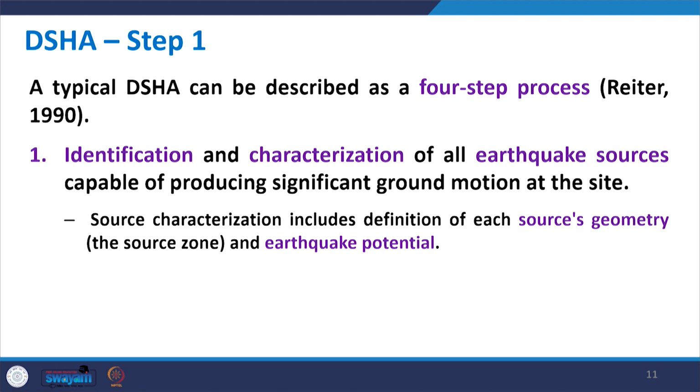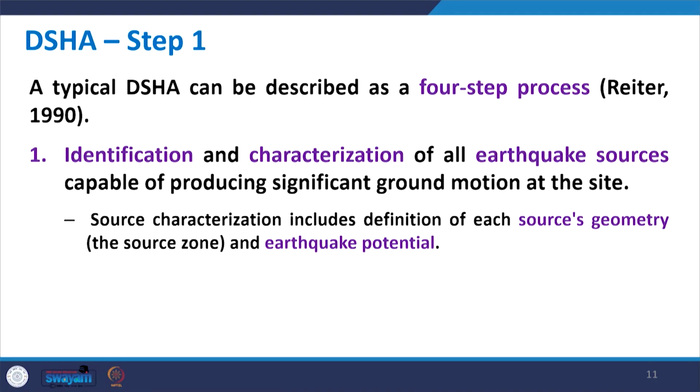So, first identify and characterize all earthquake sources capable of producing significant ground motion at the site of your interest. The site of your interest could be your project site where you want to construct a dam, a bridge, tall buildings, nuclear power plants, or thermal power plants and similar structures.